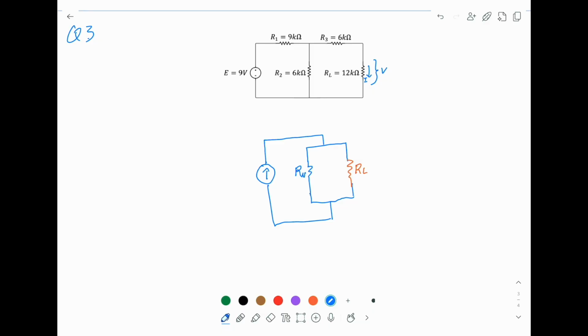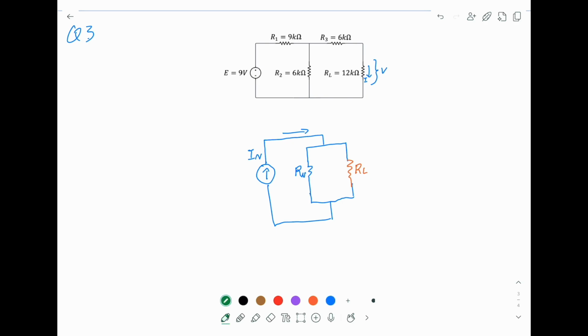This time we replace the rest outside the load with this circuit, because once we successfully find it, we should know this current coming out from the current source. We call this the Norton current. When the Norton current passes through here, it will split into two paths.